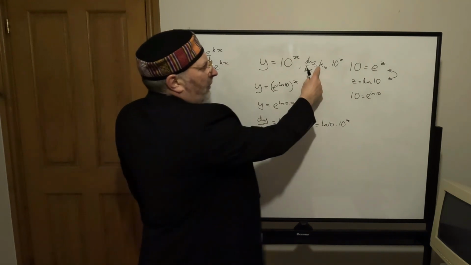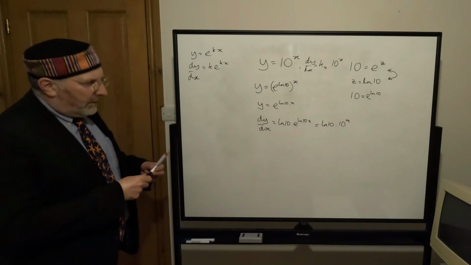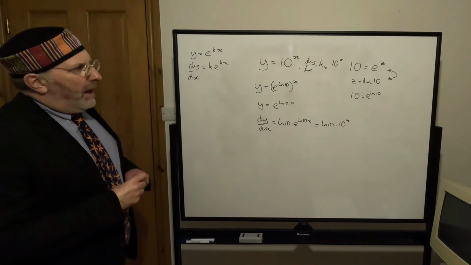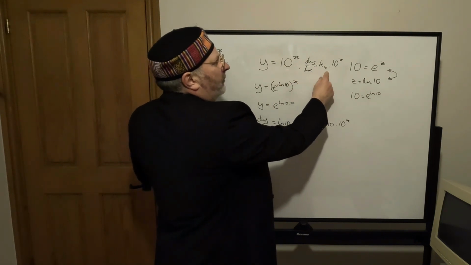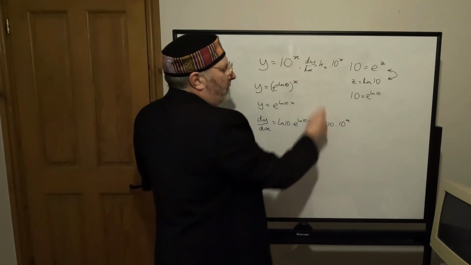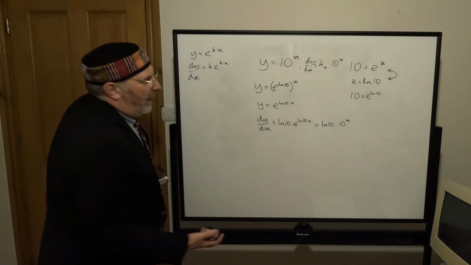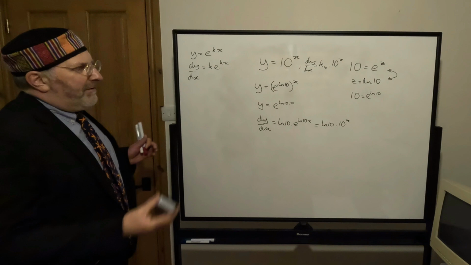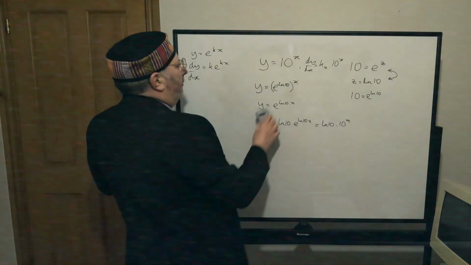So now we see that that constant k10 is just log 10. And if it were y equals 2 to the x, dy by dx would be k2 times 2 to the x. k2 would be log 2. So that's not necessarily something very important, but it's just tying up a loose end when I talked about those constants.